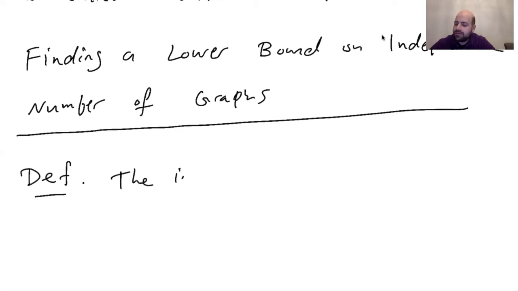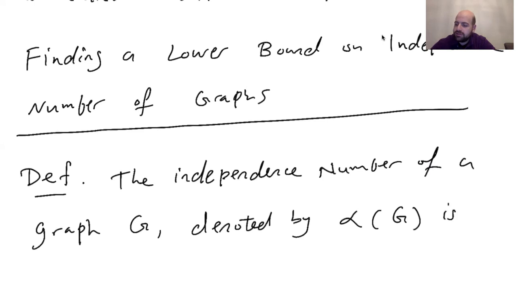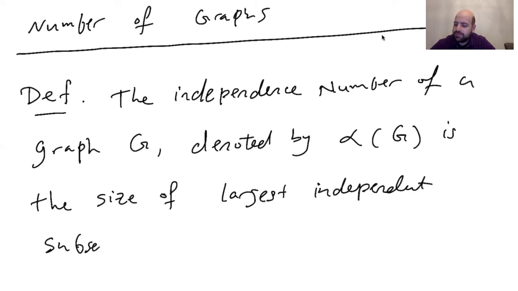The independence number of a graph G, denoted by alpha of G, is the size of the largest independent subset of G, or the largest independent set in G.